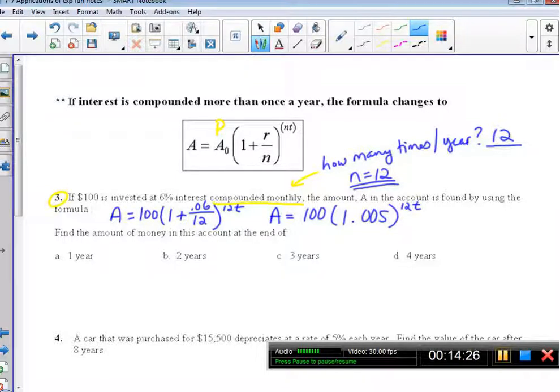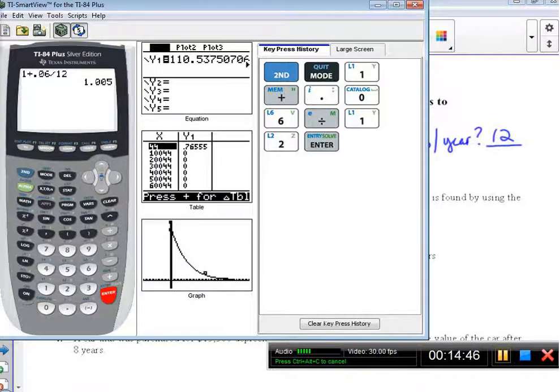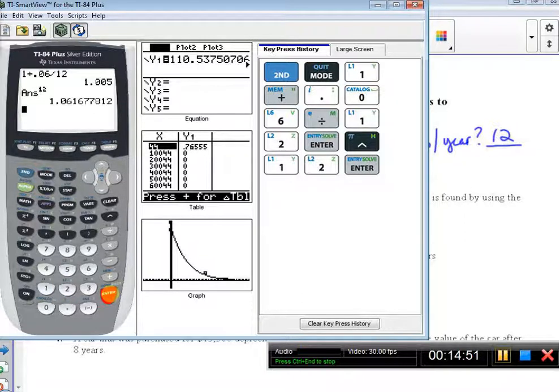Find the amount of money in the account at the end of 1 year. So A equals 100 times 1.005 to the 12 times 1. You have to do the 1.005 to the 12th first, then times 100.